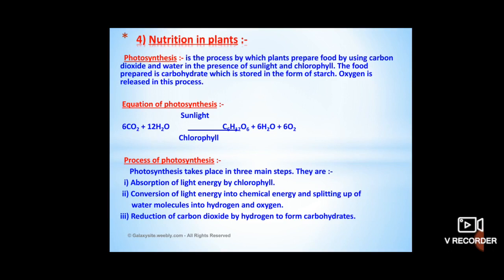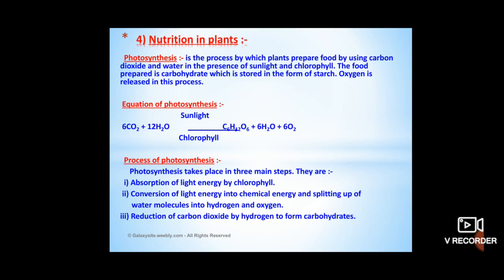But one thing you should remember is how photosynthesis takes place in a plant. Yes, listen children, some chemical and biological processes take place in plants. Because of those chemical and metabolic processes only, plants prepare their own food.